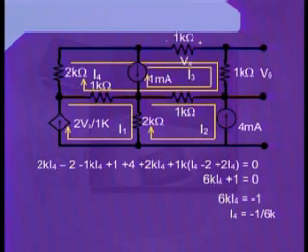If we further simplify it, we can write 6k I4 plus 1 equals 0. Or we can take plus 1 onto the other side of the equation. Therefore, we can write 6k I4 equals minus 1. Further simplifying it, we can write I4 is equal to minus 1 over 6k.